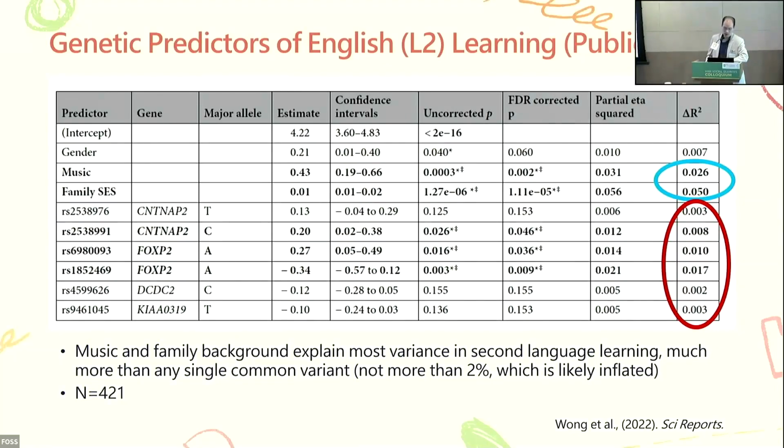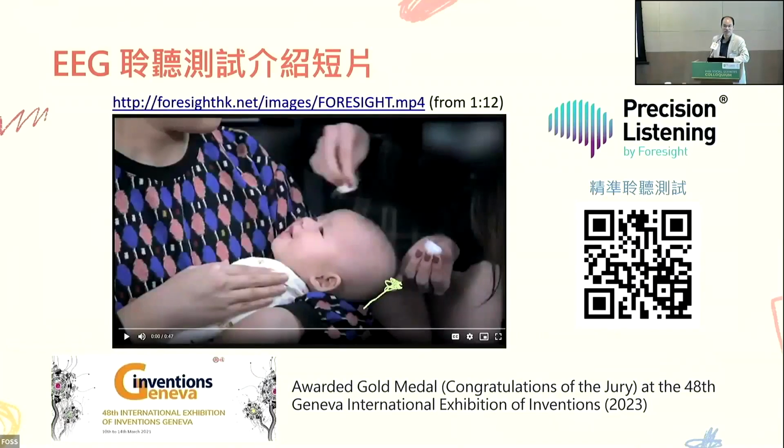So my point here is that genetics is part of it, of course, but we cannot rely on genetic information to help us make any kind of decision when it comes to language.